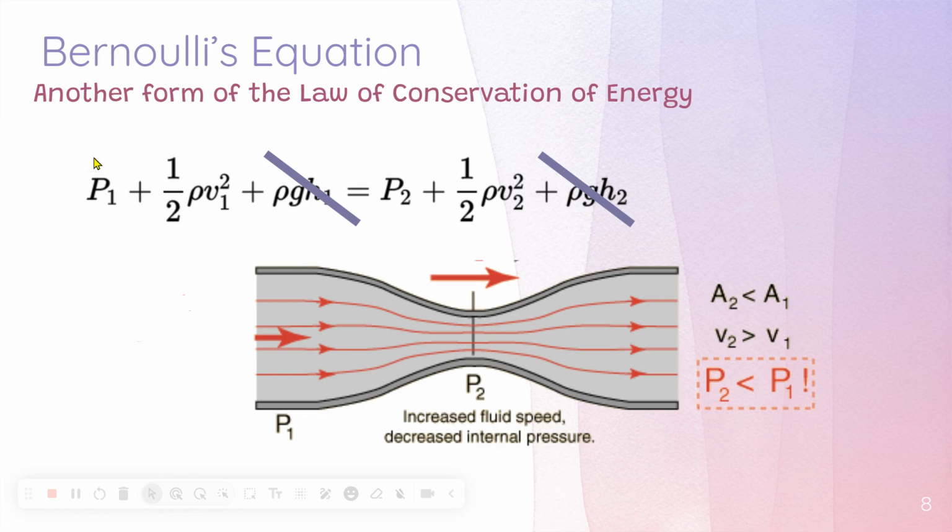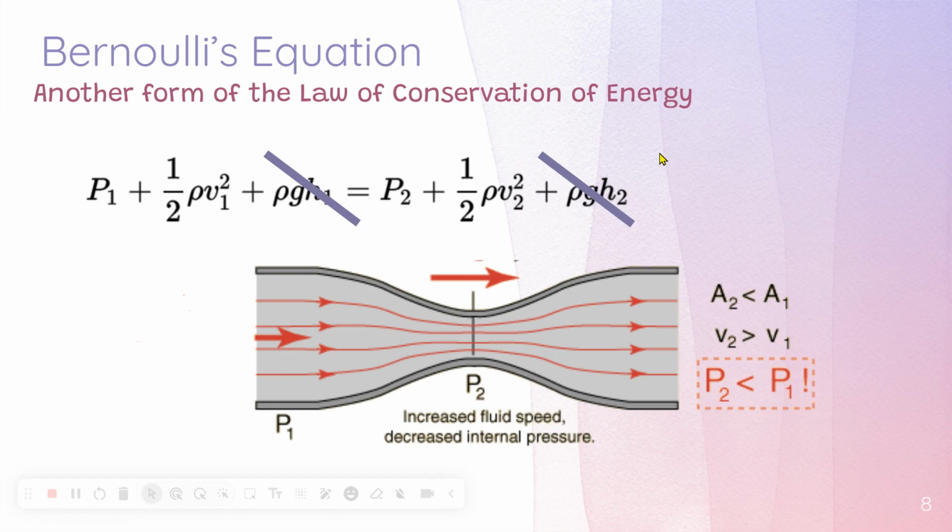So P1 is just our external pressure, or the pressure of whatever came before this fluid or this section. 1/2 rho v squared is the kinetic energy. That's the energy of the water as it's moving. And rho gh is the gravitational potential energy. It's the energy of the water because it is going to have some height to it.